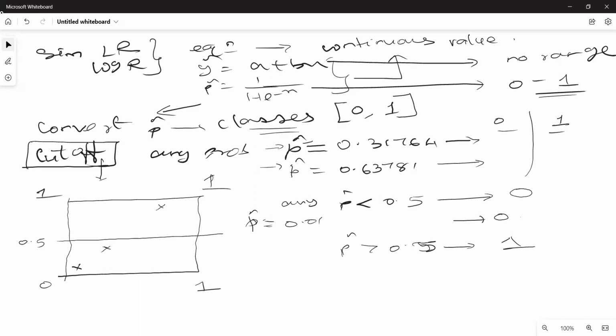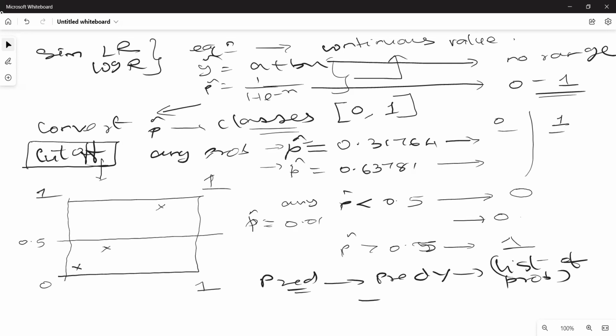So the output of a logistic regression, if you print the predictions, you will see that the predicted y will be a list of probabilities. That is, what is the probability of the event? For record 1, you will have some probability. For record 2, you will have some probability. So how do you convert the probability into a class? By using this cutoff value. I can define my own cutoff.